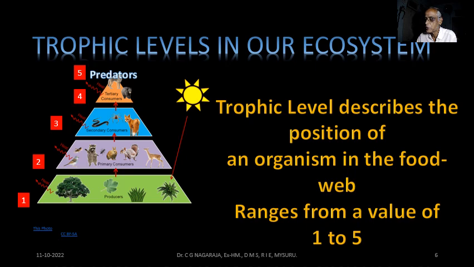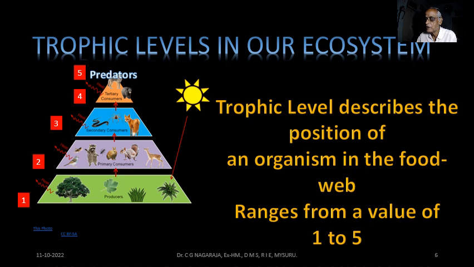Tertiary refers to the third level, where these organisms are highly carnivorous. They cannot live eating grass or only the producers. And finally, the predators are those organisms that depend upon the other organisms of the 4 levels.